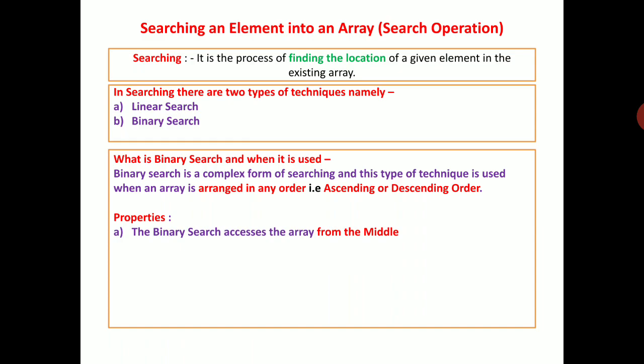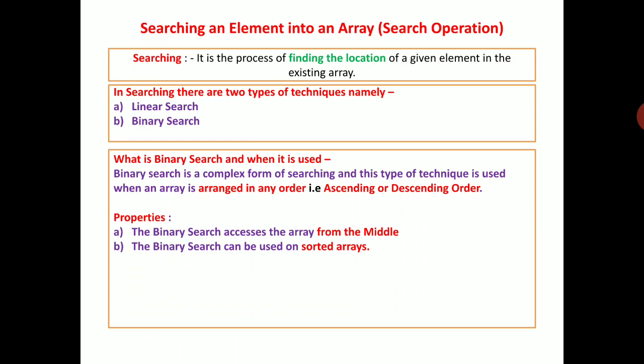As we have seen in the last video, linear search accesses the elements from the beginning, from the lower bound, and starting from the lower bound it goes on incrementing up to the upper bound for searching an element. Whereas binary search accesses the array from the middle. This is its first property.